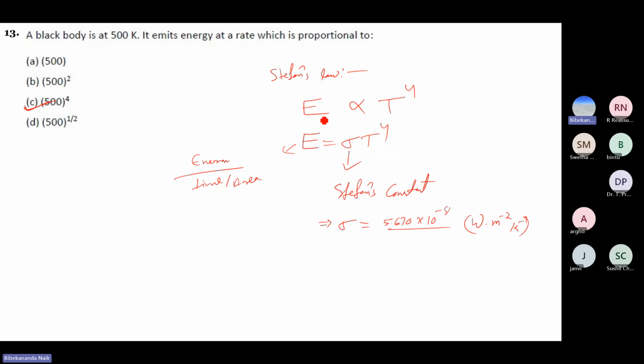So as the temperature goes on increasing, total radiated energy will increase, so the area under the curve will increase. So here the correct option will be option C. The rate of energy transfer per unit time per unit area is directly proportional to the fourth power of the temperature of that black body. Is this clear to all of you?